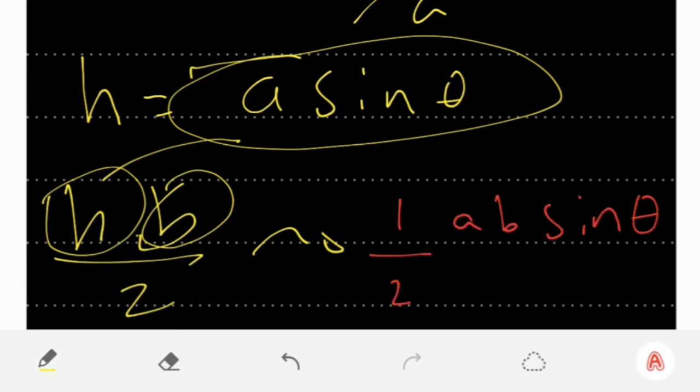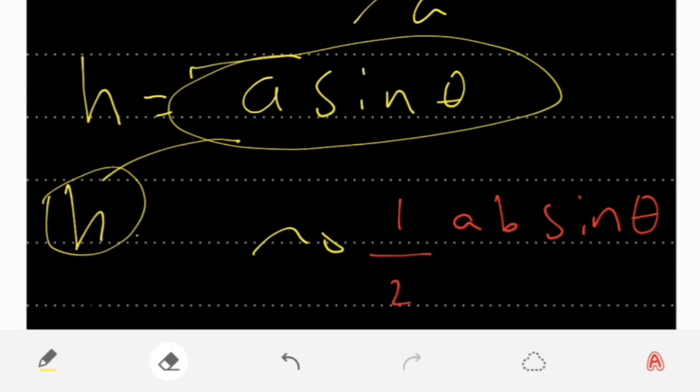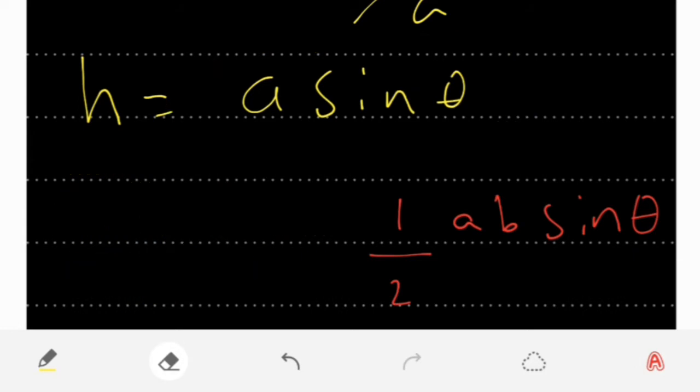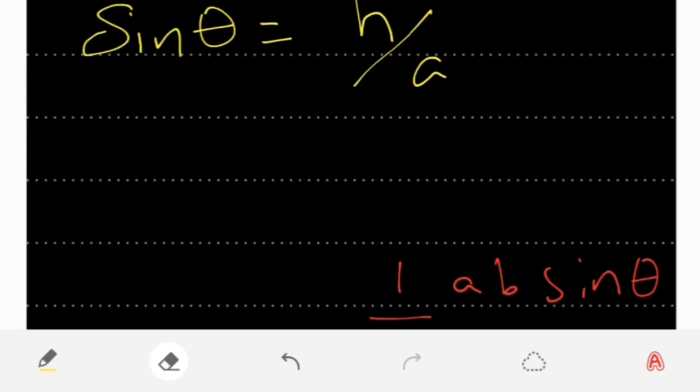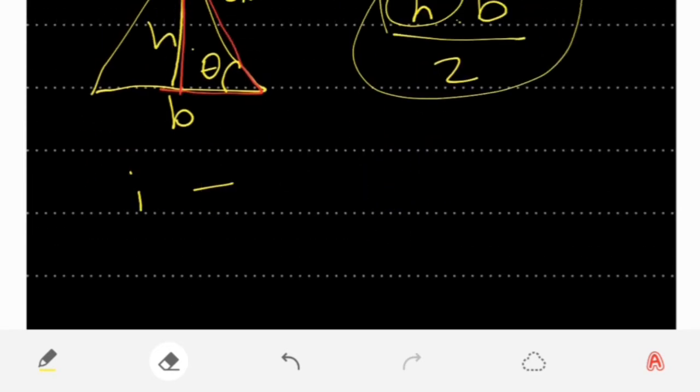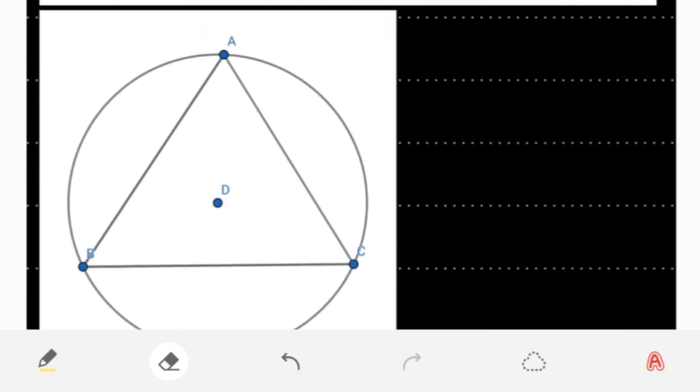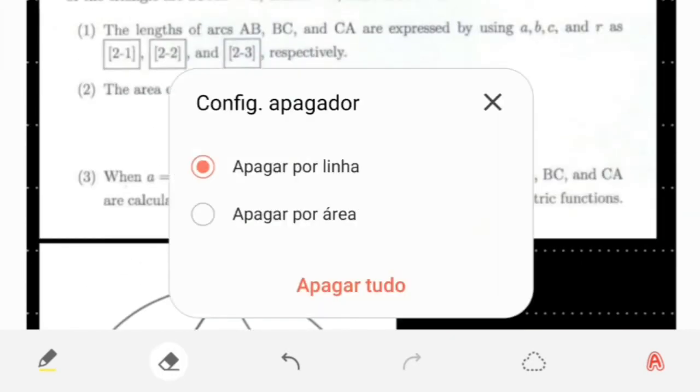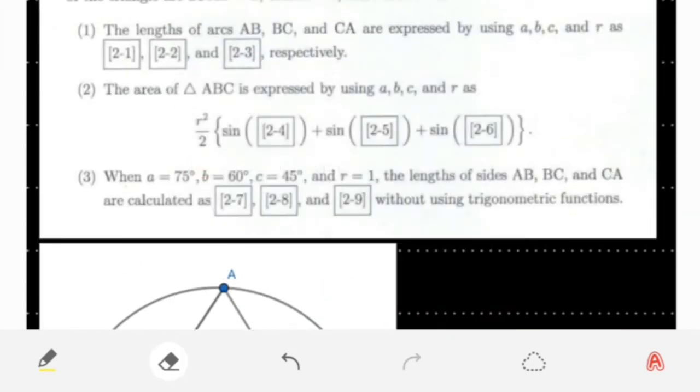Now there is one last rule that we are going to use to solve this last question. For this last question he said that he doesn't want you to use trigonometric functions, and to be honest, I solved it using trigonometric functions.